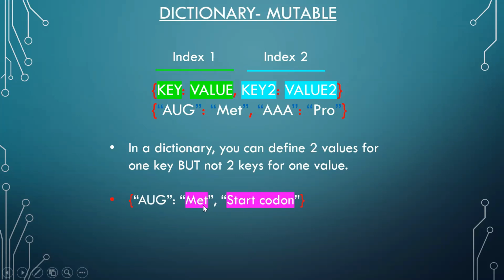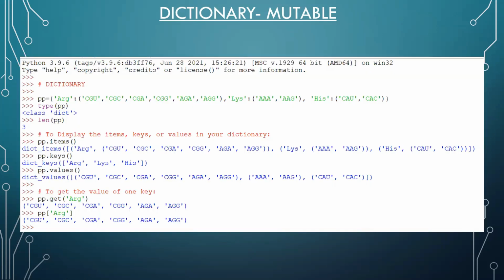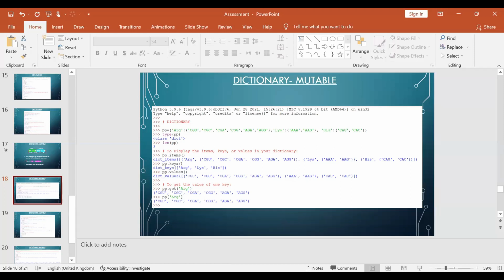This is fine. But here I forgot to put brackets here. Should be brackets here. Okay, I will show you now. And then the keys should not be duplicated. You cannot have two keys duplicated in the same dictionary. Okay. So let's go back to this shell.